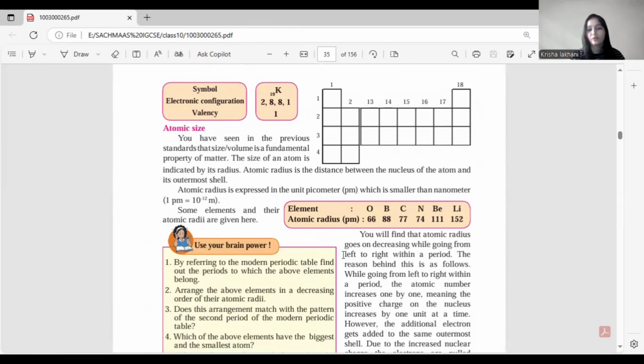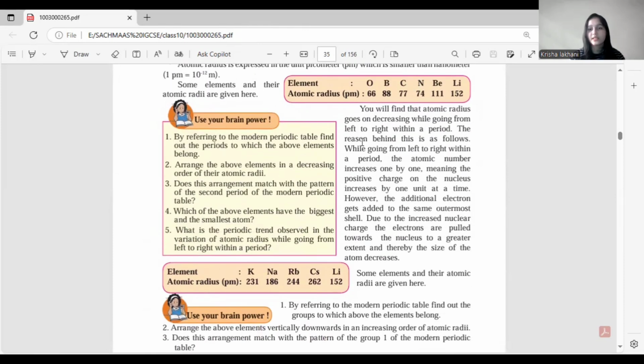Atomic size and atomic radius is given. Radius will increase, of course, the size. Okay. When you go from left to right, the radius will decrease. Can you see here? Oxygen, boron, carbon, nitrogen, beryllium, and lithium.